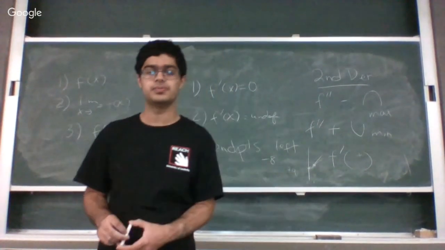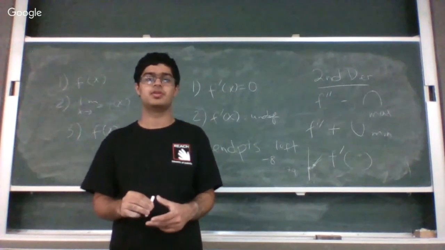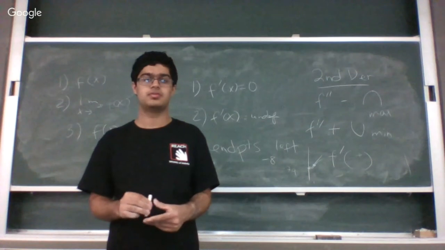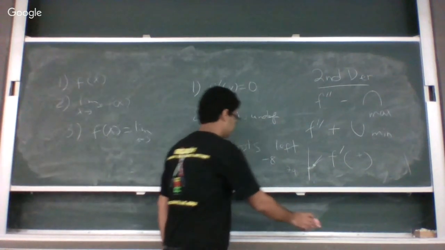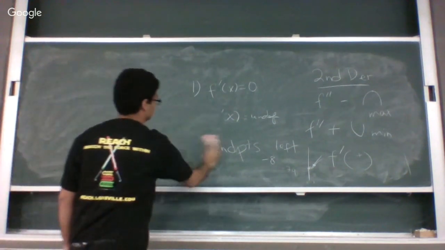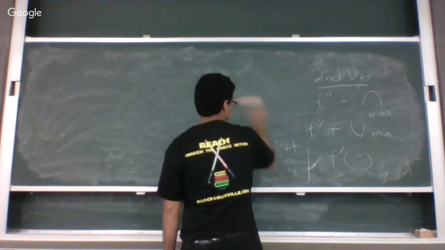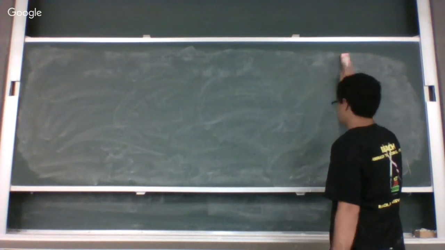For inflection points, there are two things that you test. It has to have a unique tangent line, and the concavity will change. How do you get the possibilities?